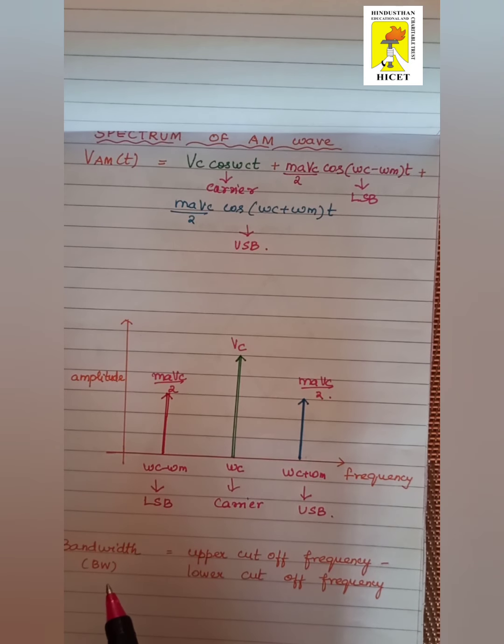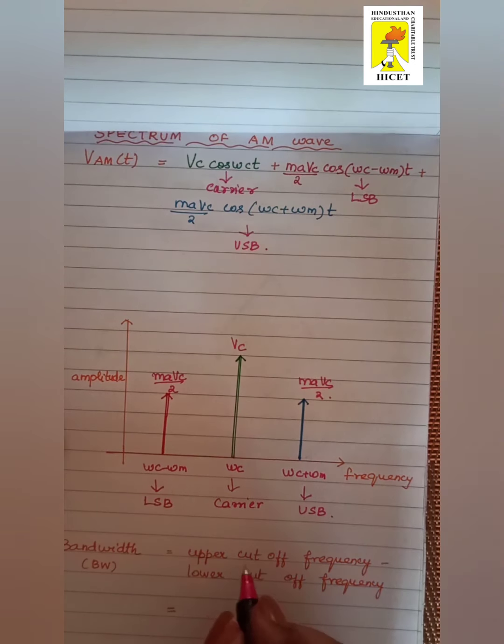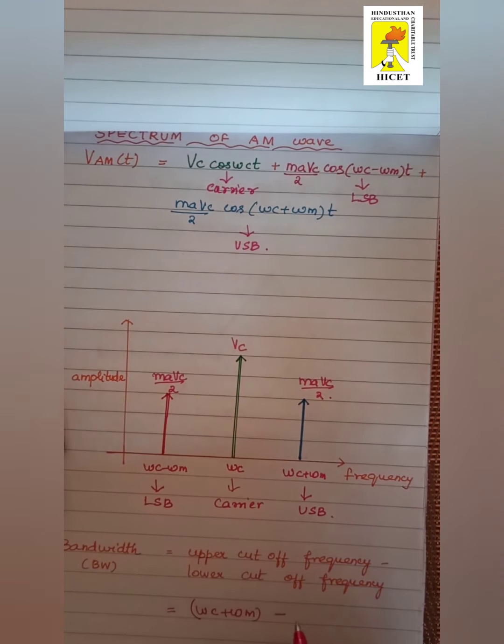Next comes the parameter bandwidth, which is the difference between the upper cutoff frequency and the lower cutoff frequency. The bandwidth for the amplitude modulated wave can be calculated as follows: the upper cutoff frequency is omega c plus omega m, and the lower cutoff frequency is omega c minus omega m.